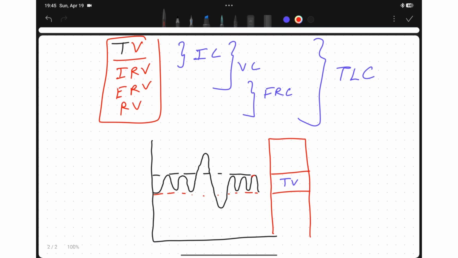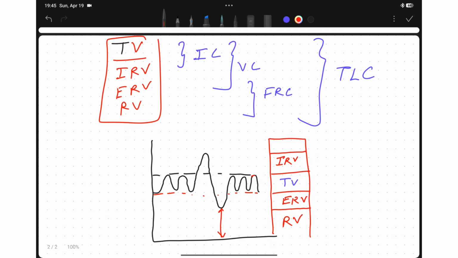This value above from here comes under IRV, or inspiratory reserve volume. The second value, the third value, is known as expiratory reserve volume, and this value is known as residual volume, the amount of air that remains in your lung all the time to prevent it from collapse.